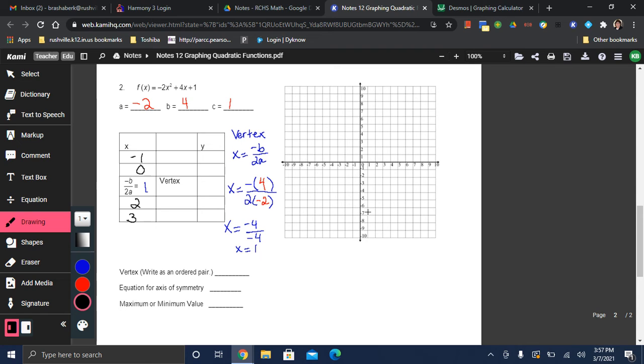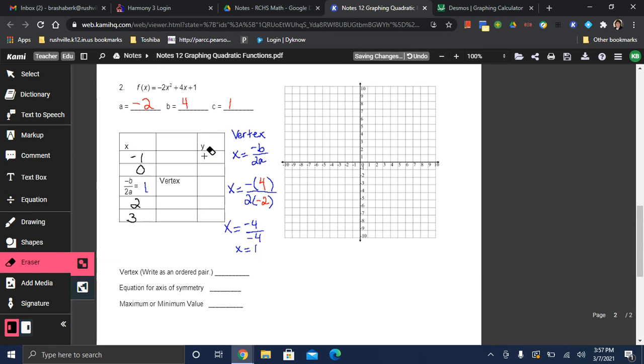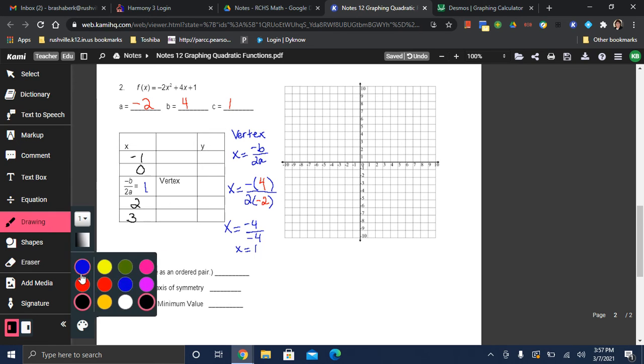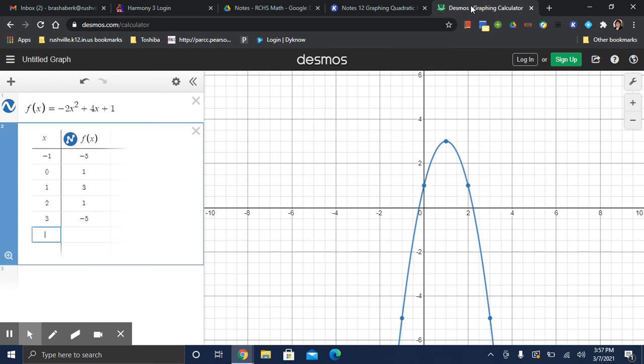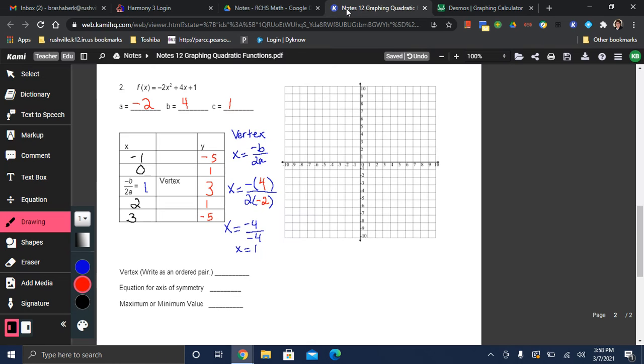So going to that, we'll have again negative 5, then 1 and 3, 1 and negative 5. And you can always go back and double check that. Then after you have your table completed, it's time to graph.